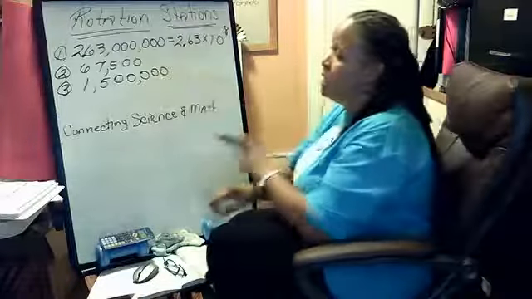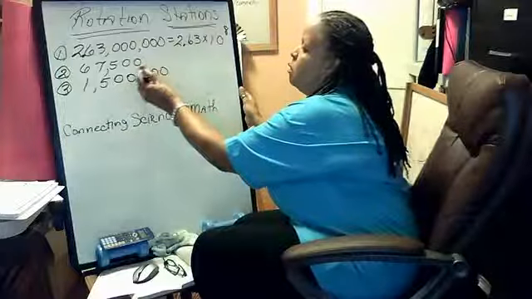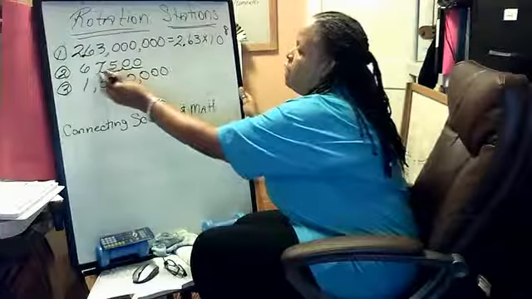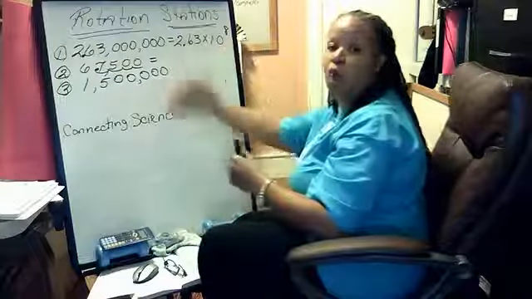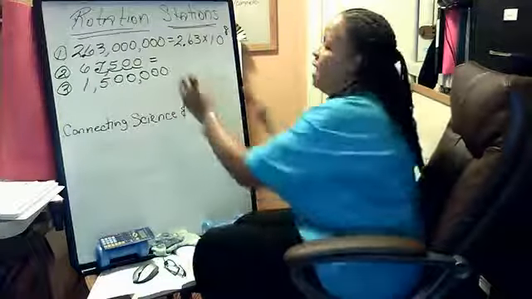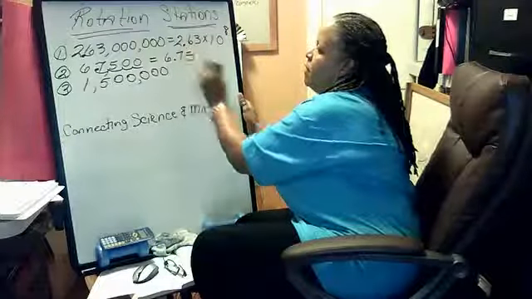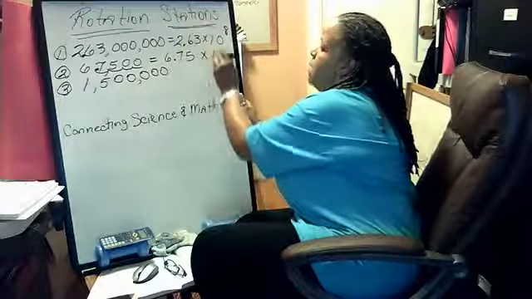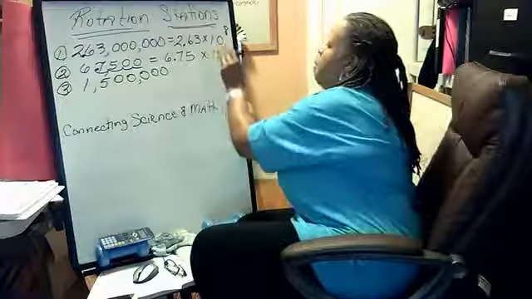Okay? Let's look at 67,500. We're moving our decimal 1, 2, 3, 4 to get a number between 1 and 10, and that number is 6.75 times 10 to the 4th power.